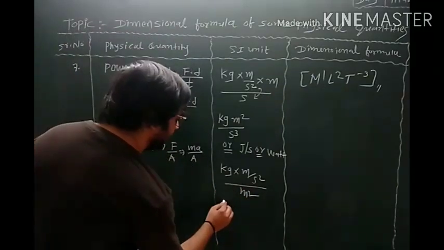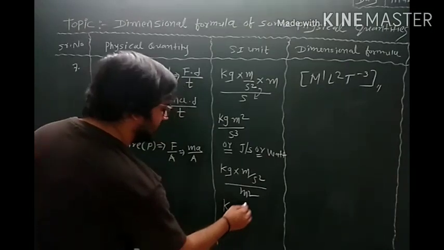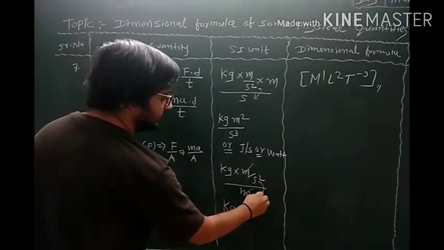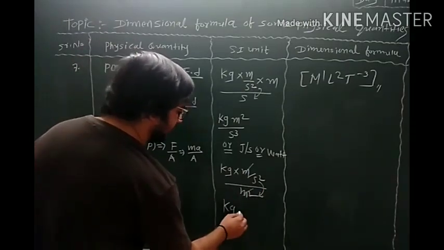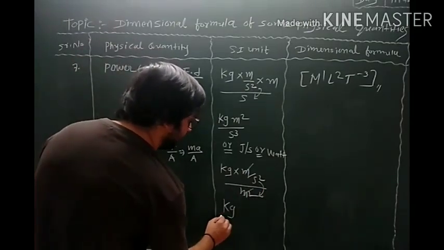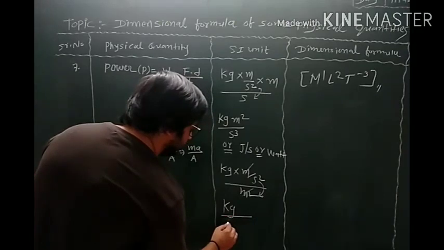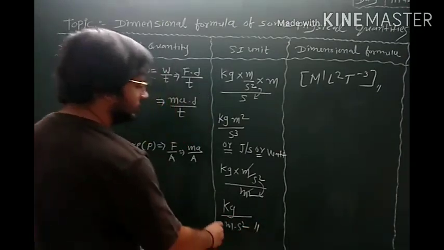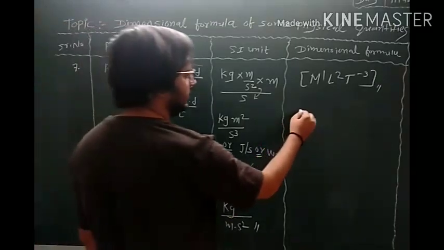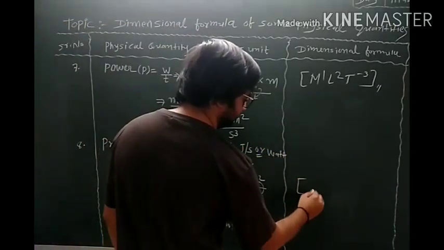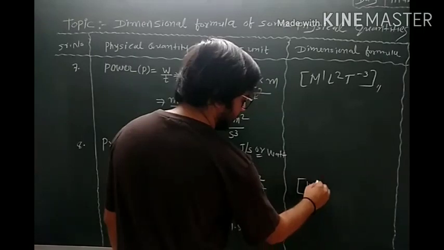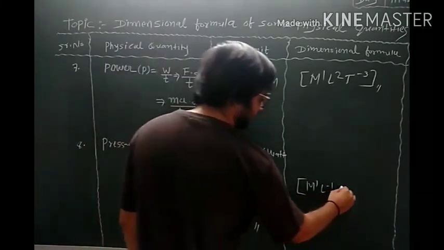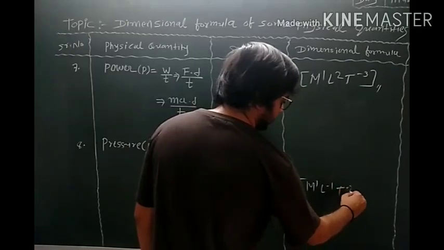So we get kilogram meter^-1 second^-2. So the dimensional formula of the pressure is M^1 L^-1 T^-2.